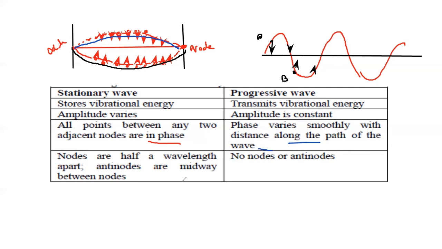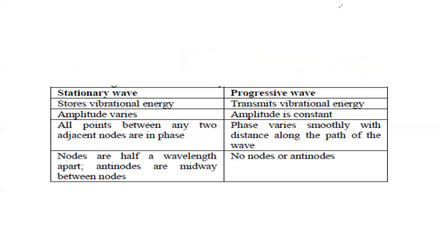Is it clear? Then the distance between two successive nodes is lambda by 2 for a standing wave.